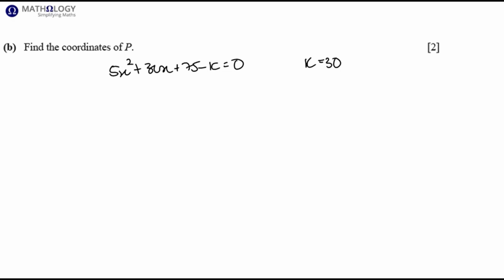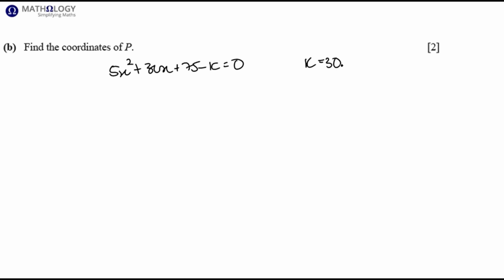Next, we're required to find the coordinates of P, which is the point of intersection of the tangent to the curve. Now, we have the quadratic 5x squared plus 30x plus 75 minus k equals 0. That was the resulting expression we got when we equated the tangent to the curve.